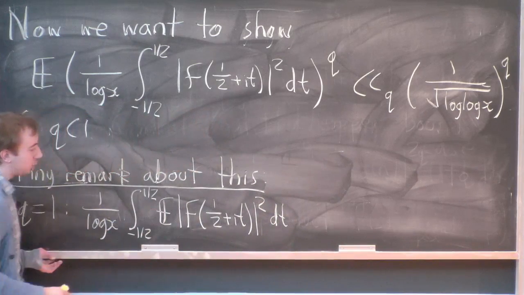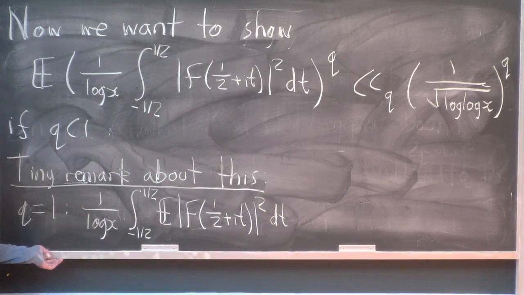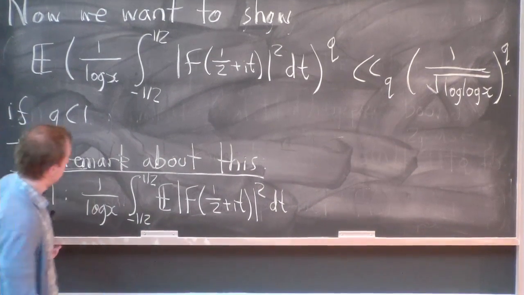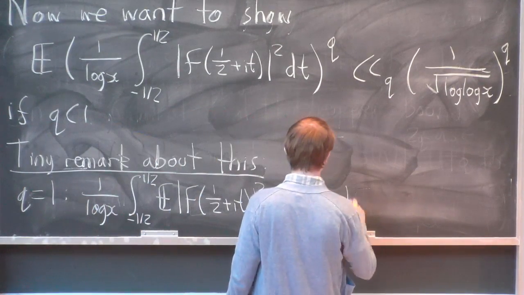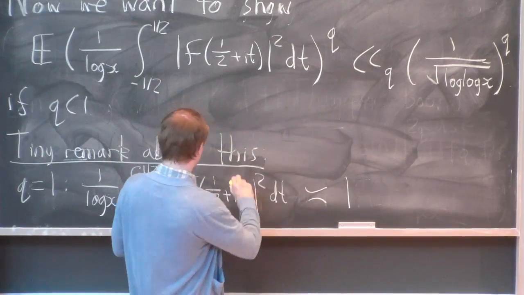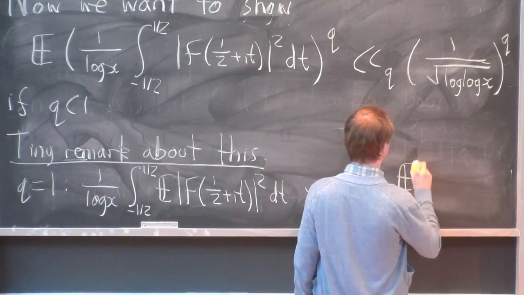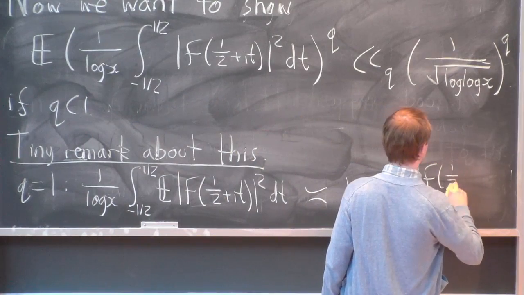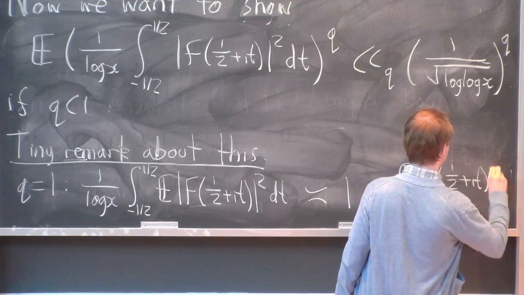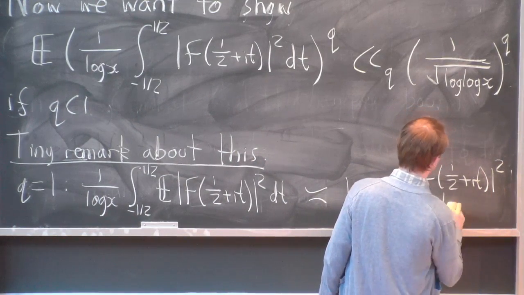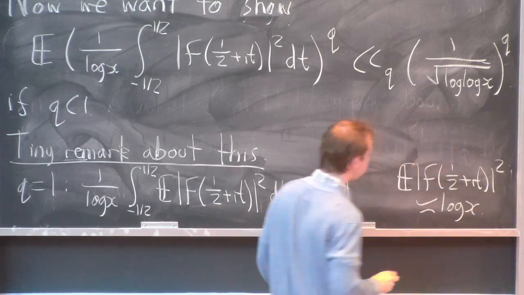And this expectation is like log x in size, like the second moment of the zeta function or L function. So this thing is order 1. Okay. As I said, this is order log x.